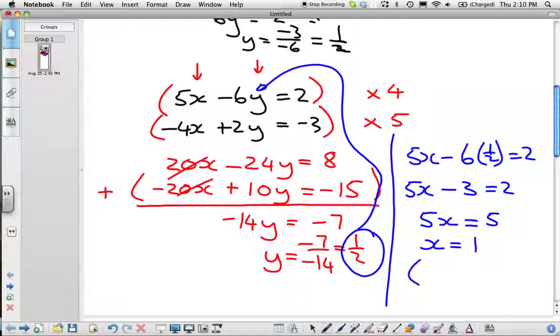So I have my same solution as before, but perhaps the other one was easier because I chose the easier route to follow. But that is an example of using that method to solve simultaneous equations.